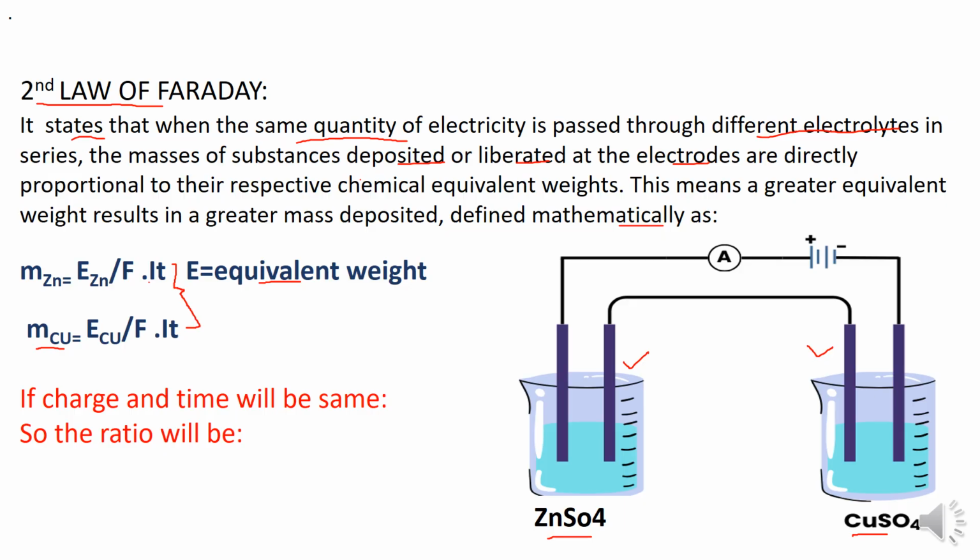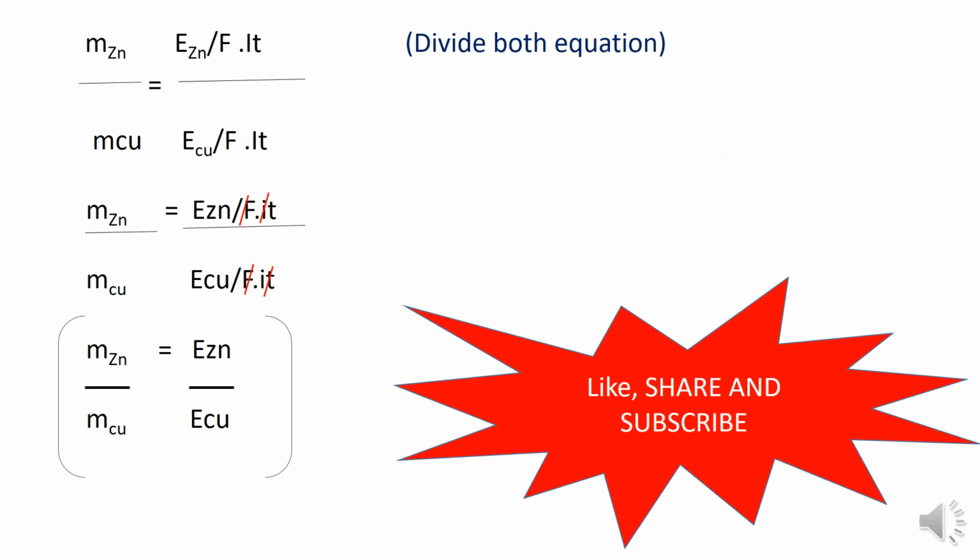If charge and time are the same, the ratio will be M Zn divided by M Cu. Why are we dividing?